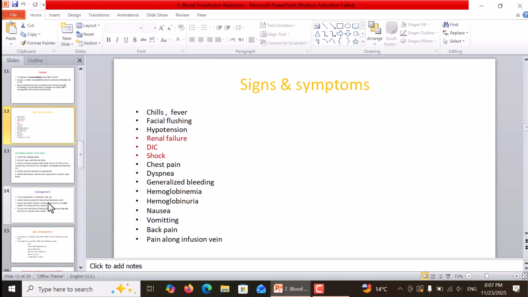DIC and shock are very dangerous presentations, or chest pain, dyspnea, generalized bleeding, hemoglobinemia and hemoglobinuria. It means hemoglobin in blood and hemoglobin in urine, nausea, vomiting, gastric upset, back pain, and pain along the transfusion vein.